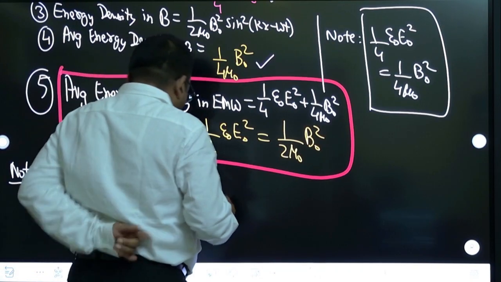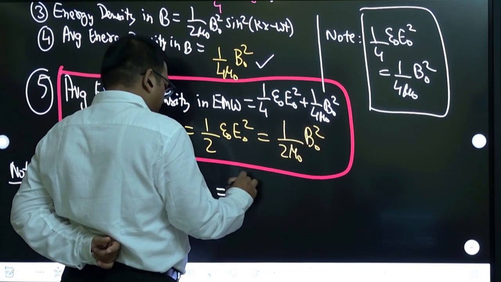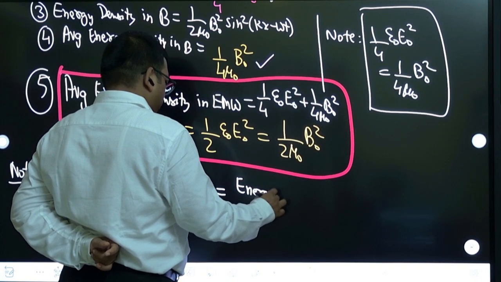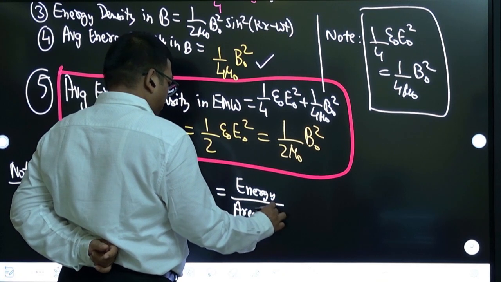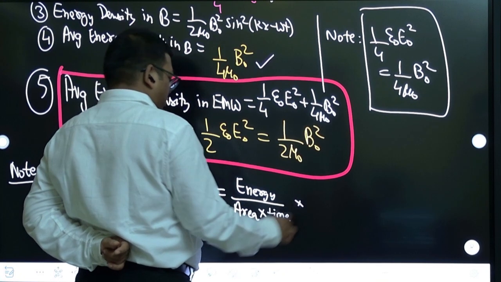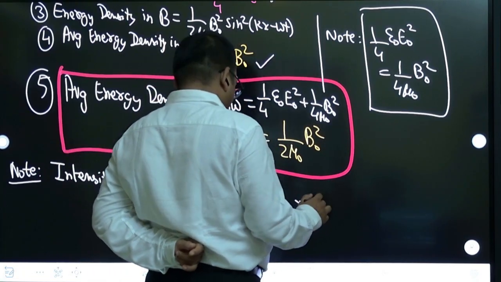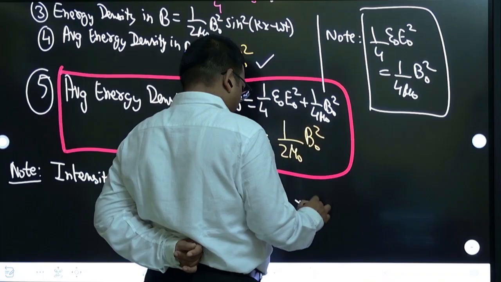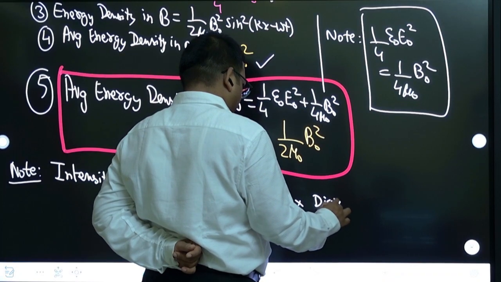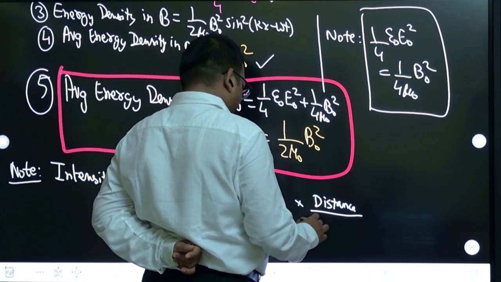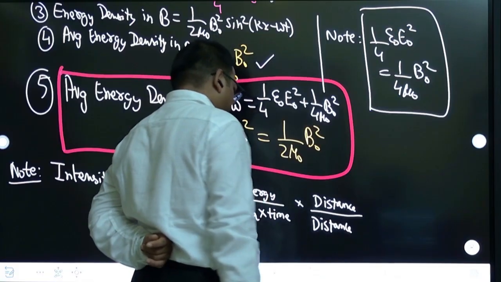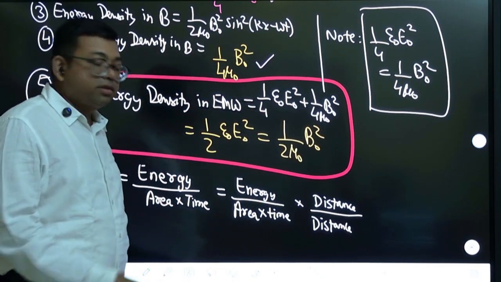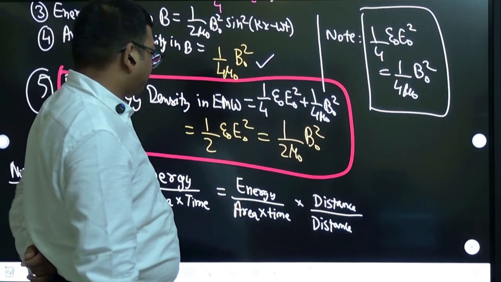Now let us convert this as energy by area into time, into distance divided by distance. Distance we can multiply in numerator and denominator.